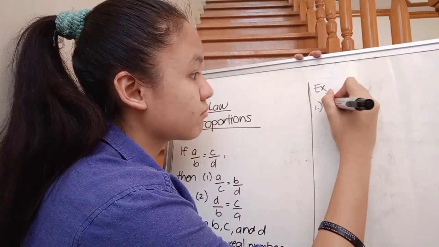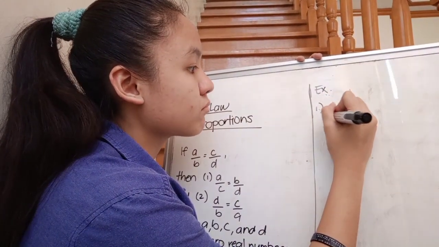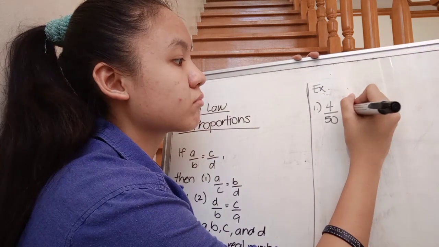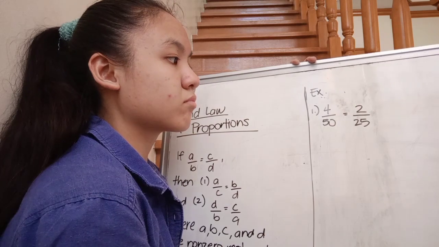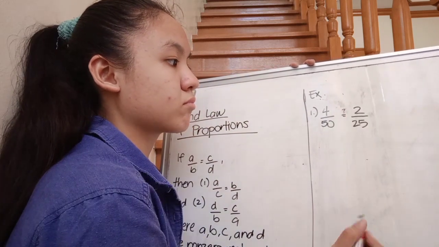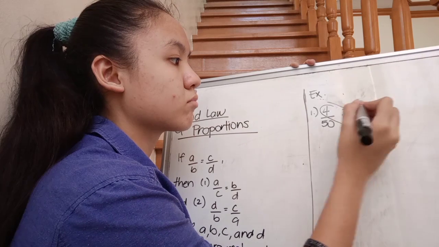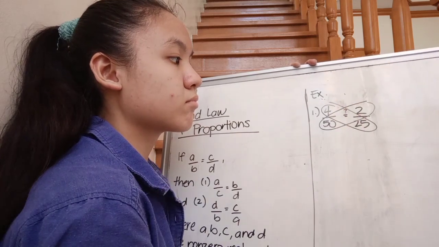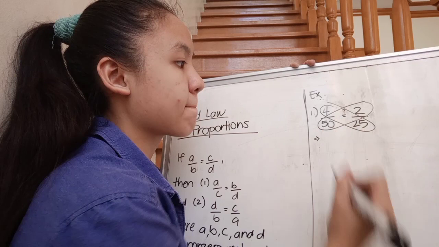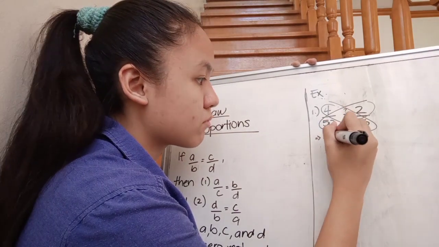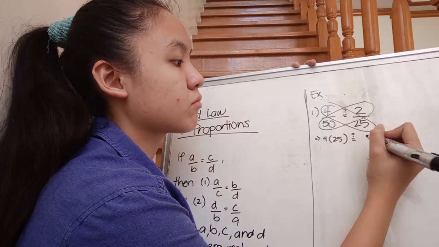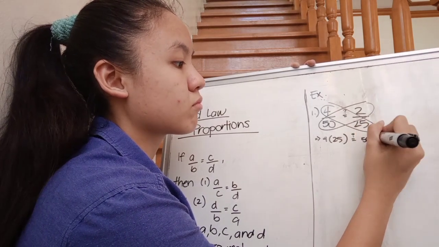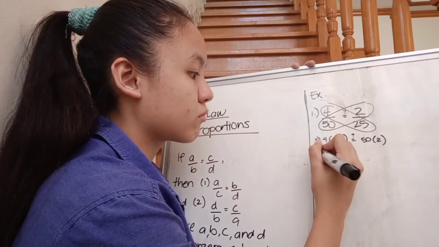For example, our first example, 4 over 50 is equal to 2 over 25. Cross multiply. 4 multiplied by 25 is equal to 50 multiplied by 2.